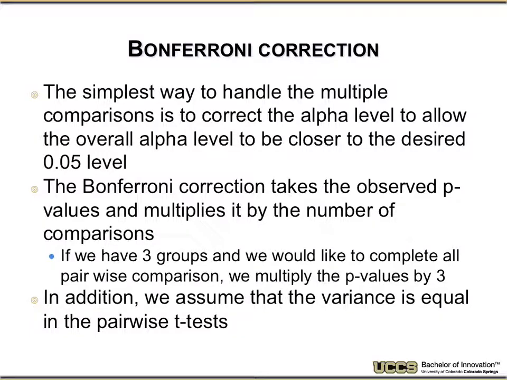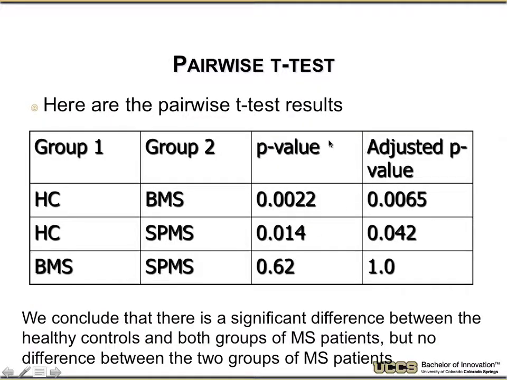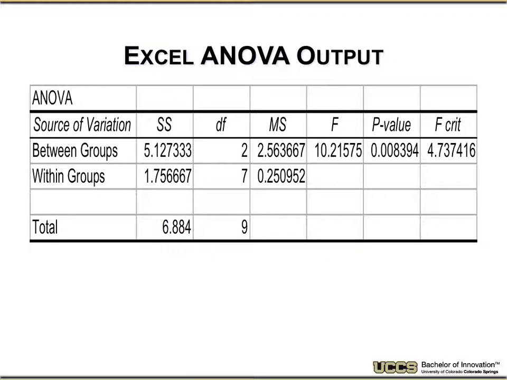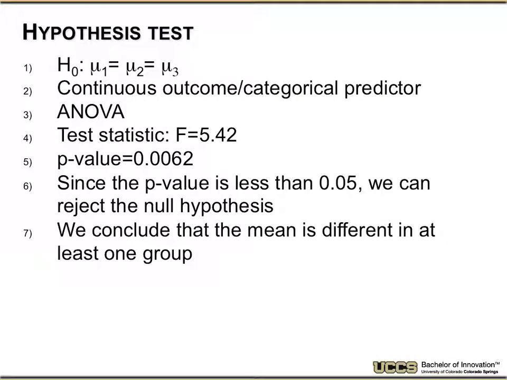So if I go back to that same example and do the pairwise tests, if I do HC versus BMS, the p-value is 0.002. If I do HC versus SPMS, the value is 0.014, and BMS versus SPMS is 0.62. Okay, so now you remember what I said was the intuition. Let's go back and look at that for a second.